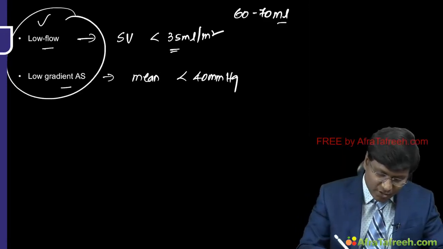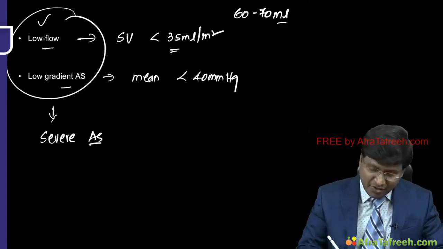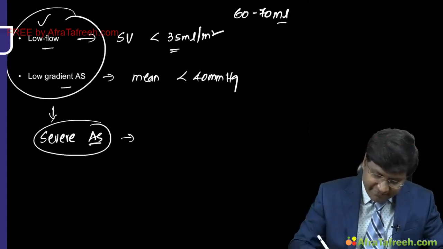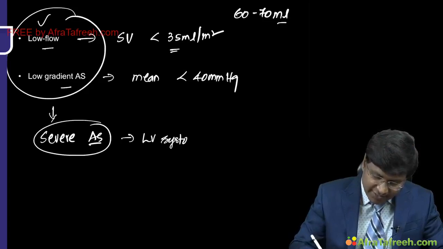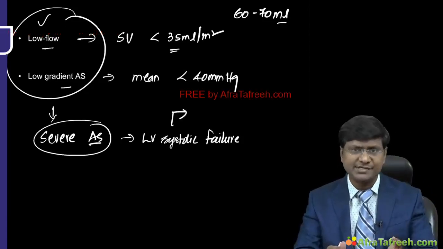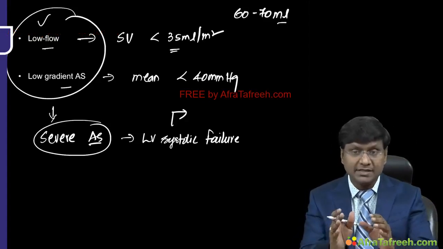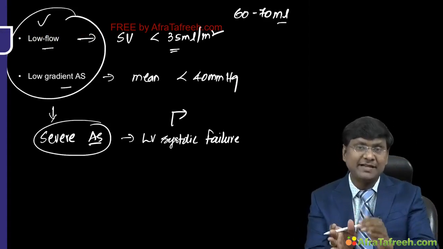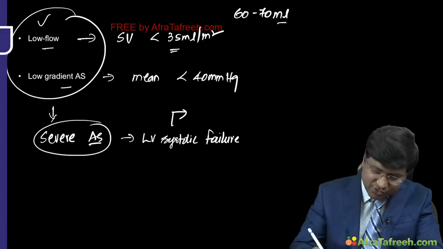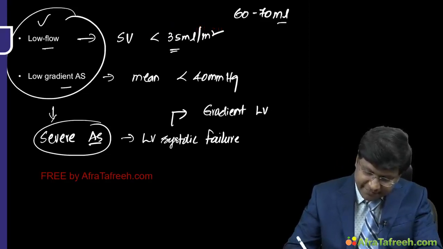You come across this in patients with severe aortic stenosis. Why? Because in severe aortic stenosis, there will be development of left ventricular systolic failure. Once there is development of left ventricular systolic failure, what will happen to the cardiac output? It decreases. And once the cardiac output decreases, the gradient developed between the left ventricle and aorta also decreases.